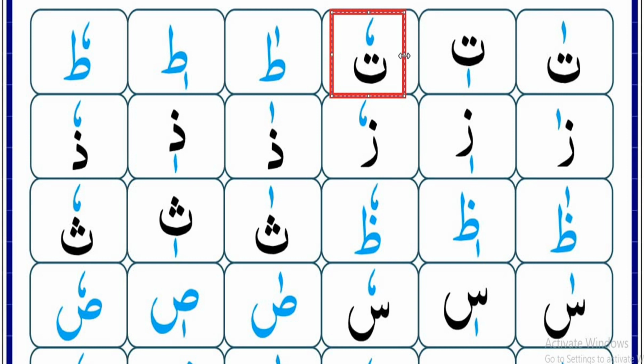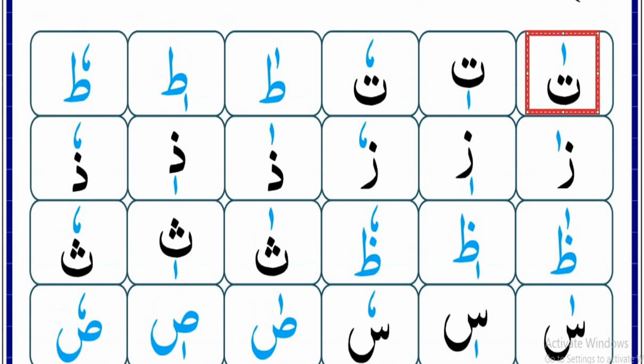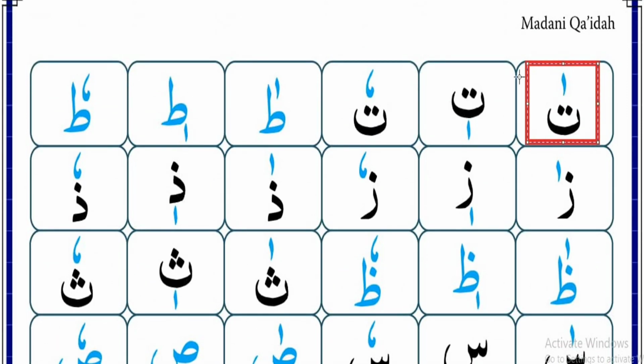The same letter when you read it with regular signs sounds ta, ti, tu, but here it is stretched. Whenever you want to stretch a sound, you can stretch it either with these standing signs, or with the madda letters.